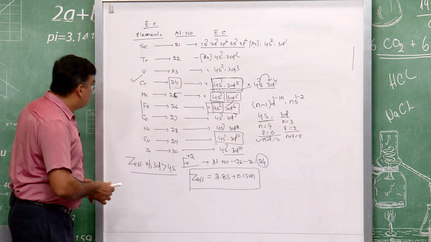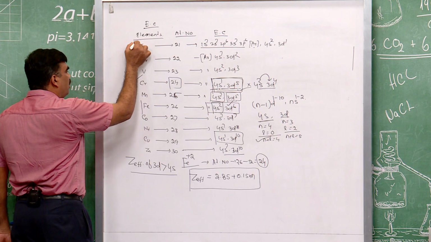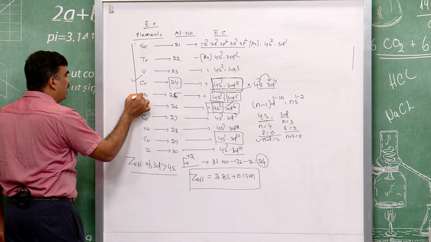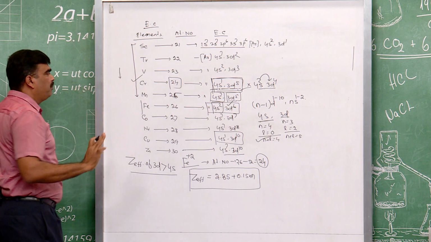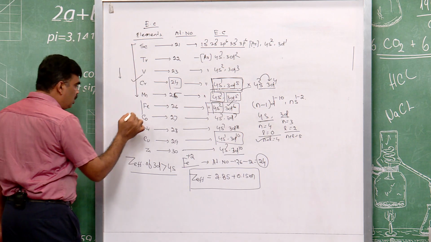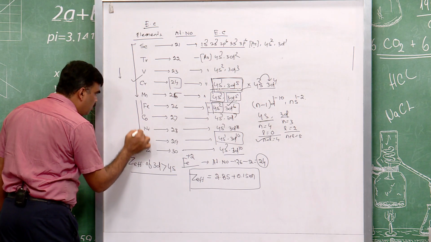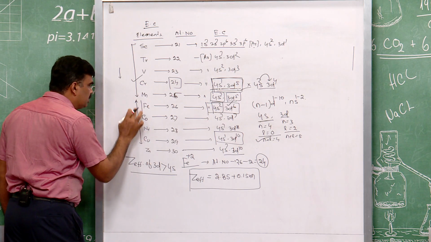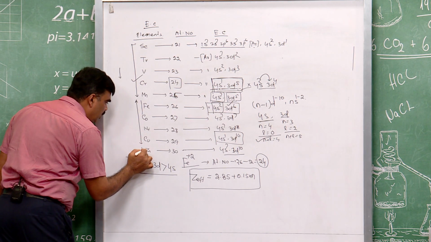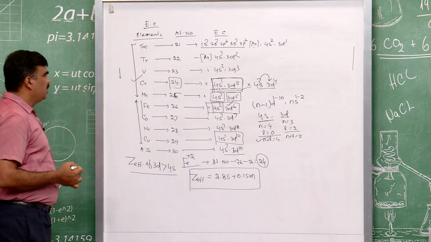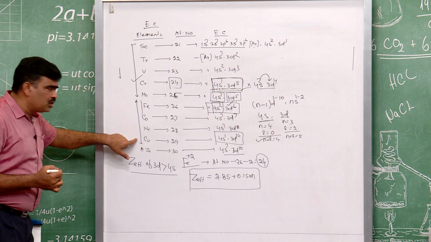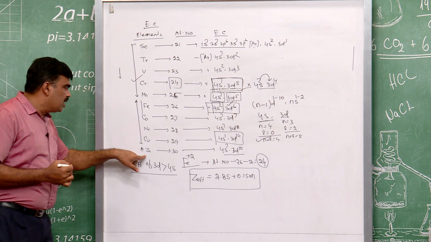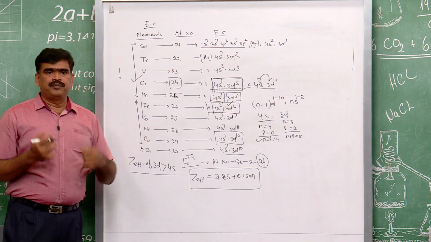From scandium to manganese, size decreases smoothly. But from iron to copper, size remains almost constant, then towards the end size increases.